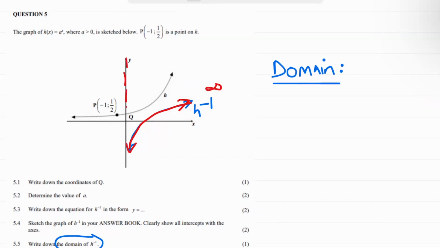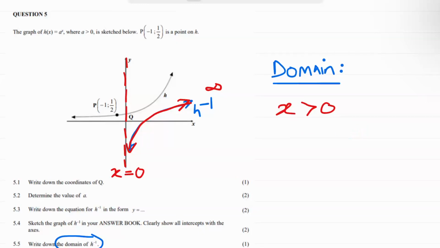If you look from right to left, it never goes past the y-axis. There's almost like a limit, an asymptote, in other words. So the domain of this function is only the x values greater than 0. Not equal to 0 because there's an asymptote, but only greater than 0. All the x values to the right.